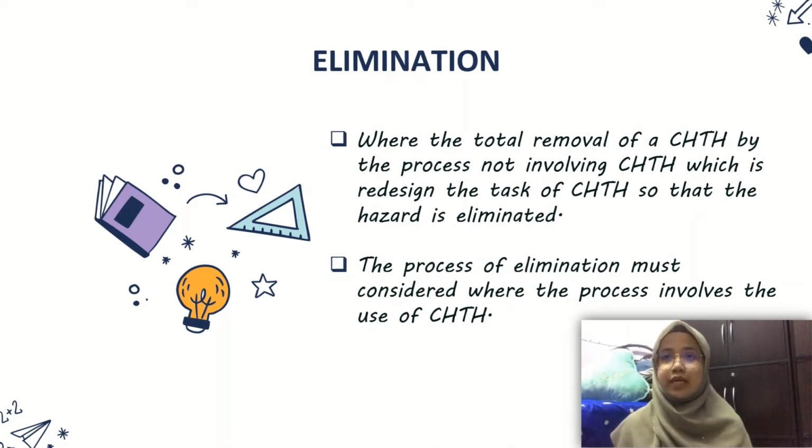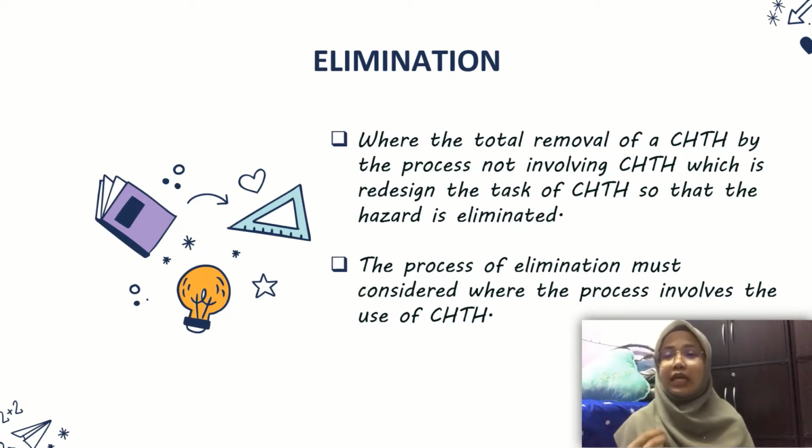Elimination is the total removal of a CHTH, or chemical hazardous to health, by a process not involving CHTH, which is to redesign the task so that the hazard is eliminated. The process of elimination must consider where the process involves the use of CHTH.